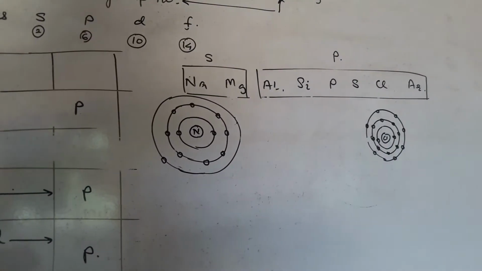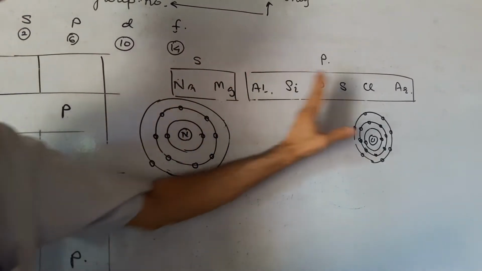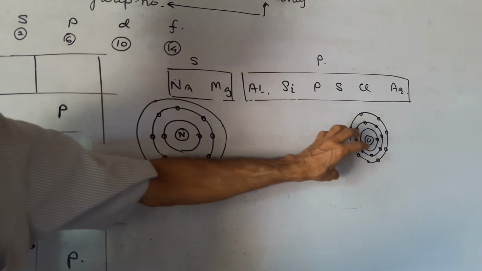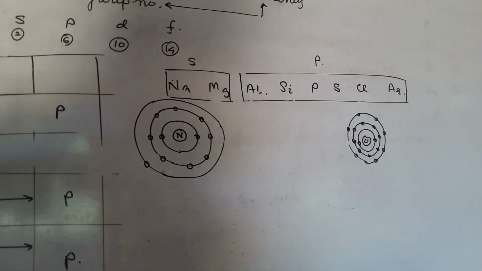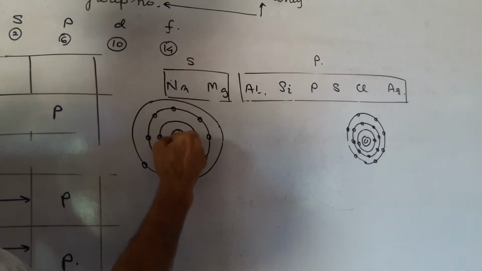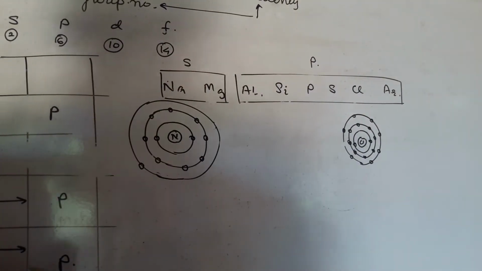Now here you will find one more characteristic. As you go from left to right, the size of an atom decreases, and I explained this last time. Why does size decrease? As you go from left to right, the number of protons increases. Let us take the example of sodium.